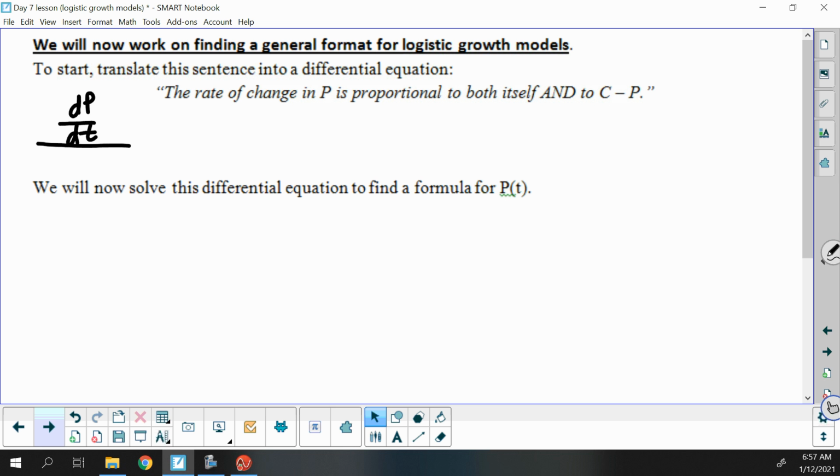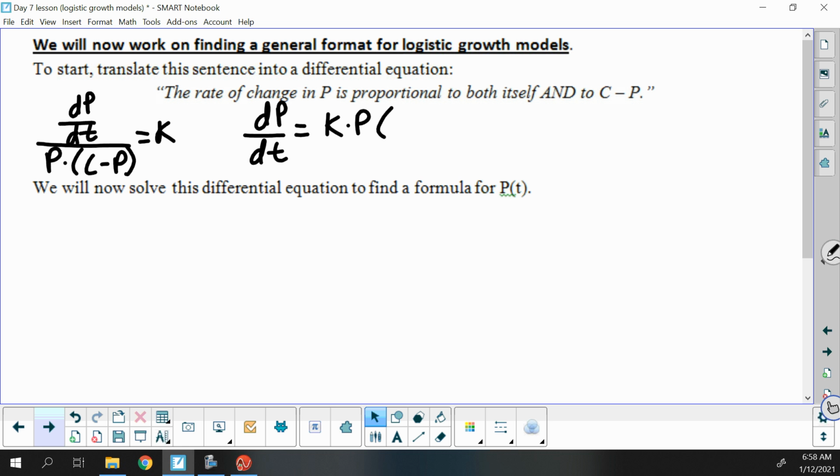If it's proportional, that means it's divided by P times C minus P, and that should equal some constant K. So that's how it initially starts out, but then if we multiply that over, our rate is really equal to K times P times C minus P. When we see something in this form, that is our differential equation that represents logistic growth.